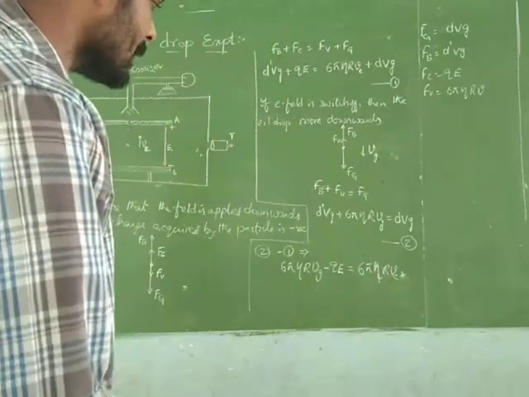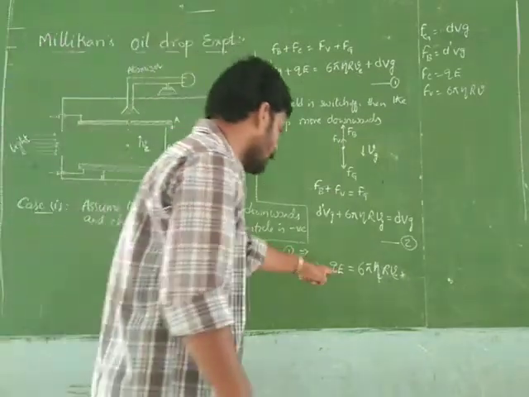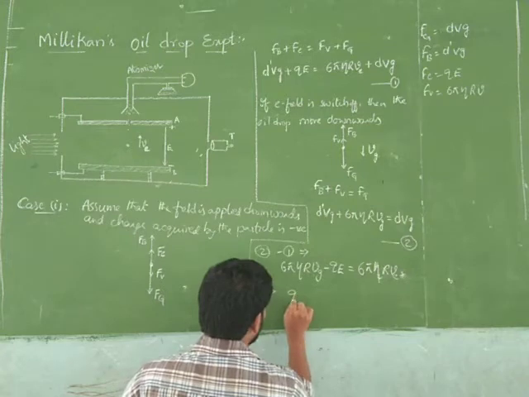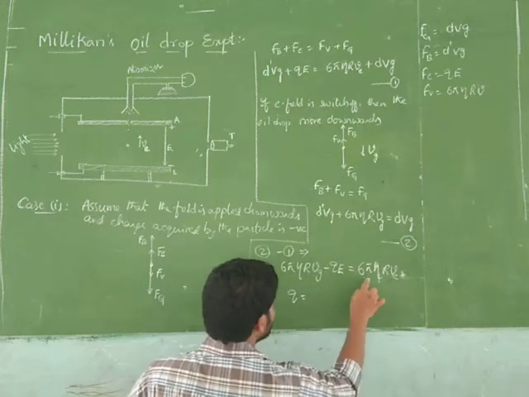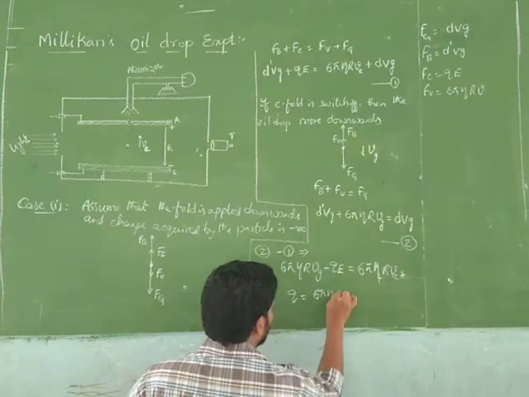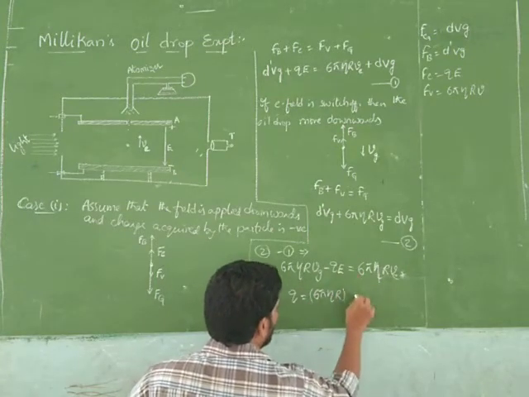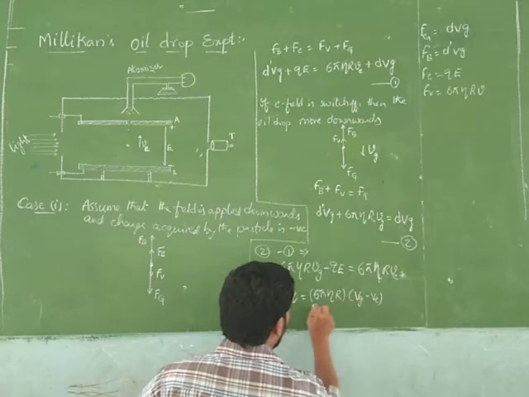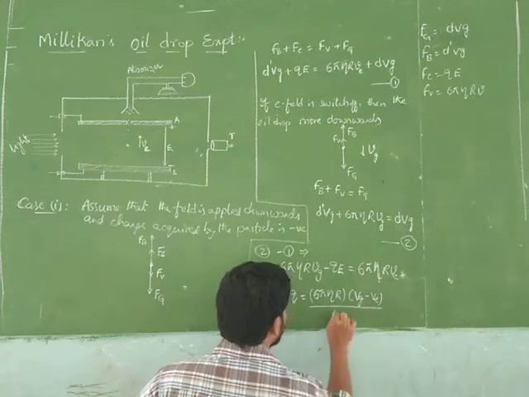From this, what am I expecting actually? The value of Q, right? So I am writing this as Q is equal to, by taking the 6 pi eta r as common, 6 pi eta r (Vz minus Ve) whole by E.